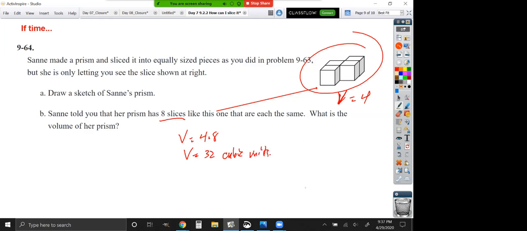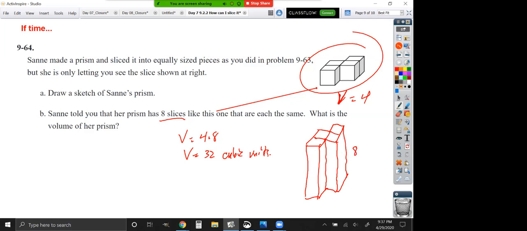I don't think I can draw it though. Can I draw that? Let's see here. I'm going to draw it like that and like that. Oh, I can draw it. Look at that. Pretty good. So you can kind of see it here, and we have 8 layers of this.